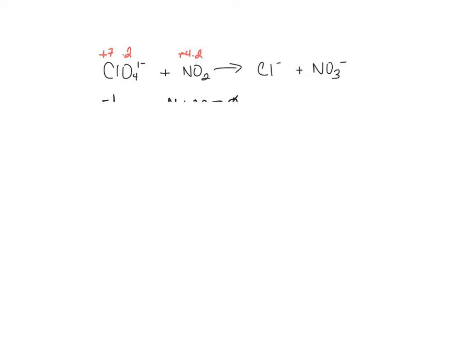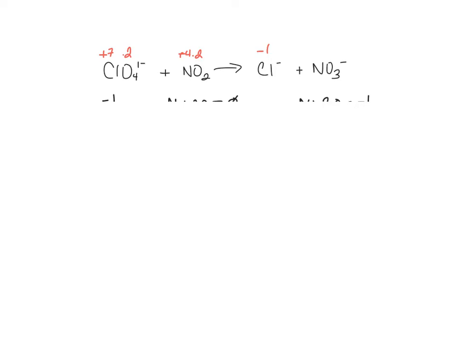Chlorine on the right here. Chlorine, this is an ion, so the charge on the ion is its oxidation number, so -1. And then we have to do the nitrates. So nitrogen plus 3 oxygens equals -1, the charge on the ion.